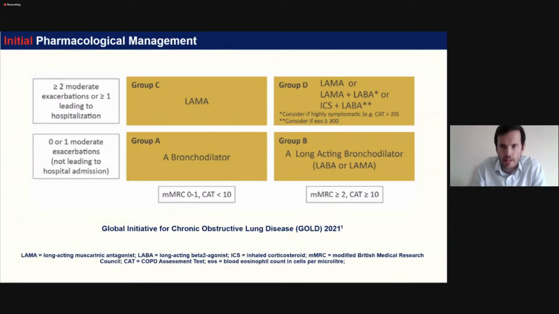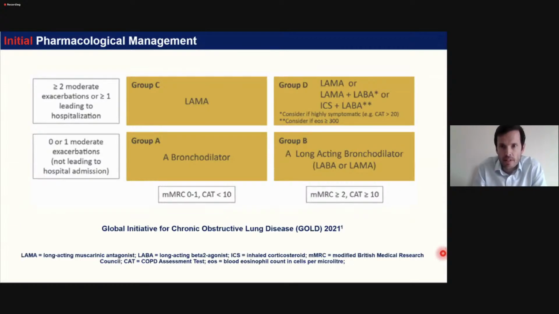Bronchodilators, such as LAMAs, or long-acting muscarinic antagonists, or LABAs, which are long-acting beta-2 agonists, are the recommended initial treatment for patients in GOLD group A, B, and C.